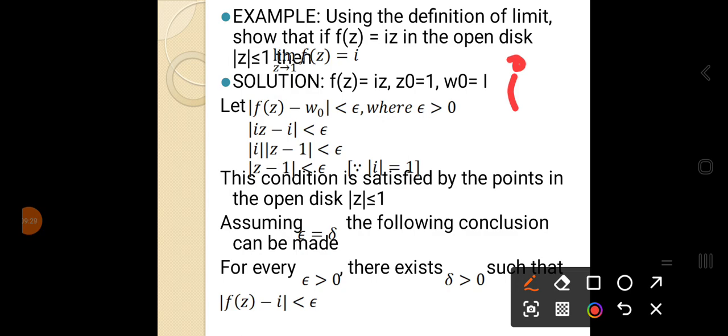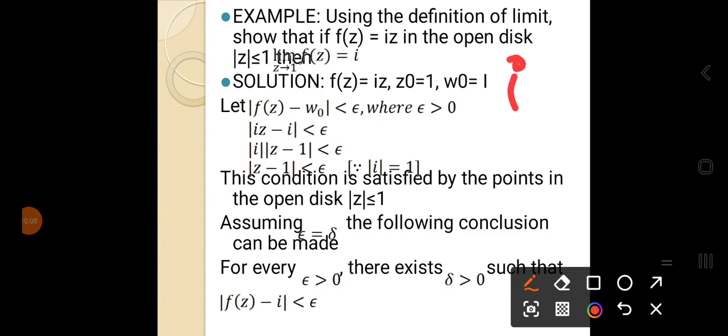By the definition, we write modulus f of z minus w0 is less than epsilon, where epsilon is greater than 0. So modulus iz minus i is less than epsilon. Taking i as common, we get modulus i into modulus z minus 1 less than epsilon. The value of modulus i is 1, therefore modulus z minus 1 is less than epsilon. This condition is satisfied by the points in the open disk.